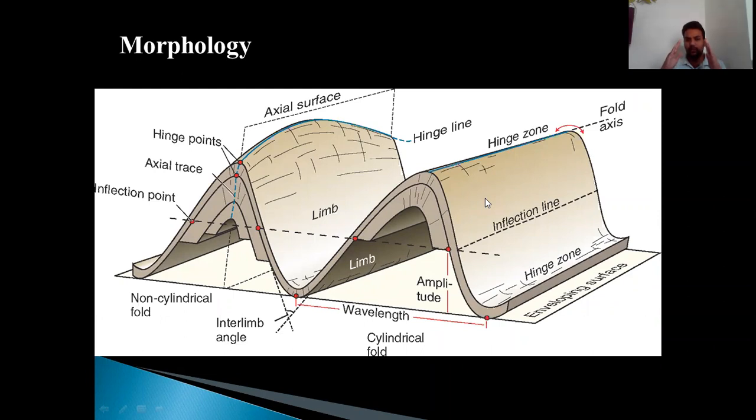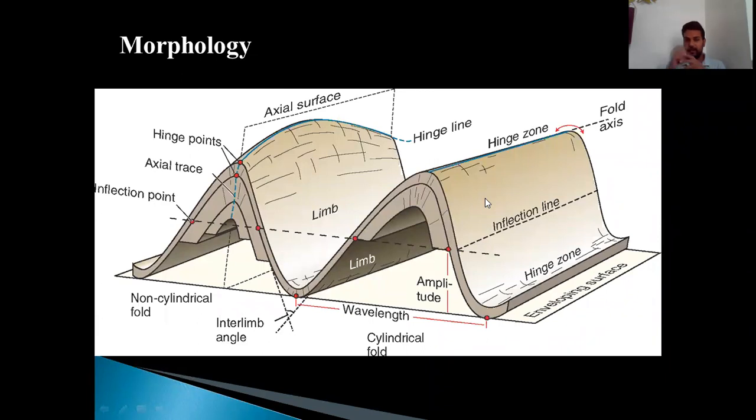The two sides of the fold which join at the crest or the trough are called limbs. So the limbs actually join at the crest or the trough. The point of maximum curvature is called the hinge point.